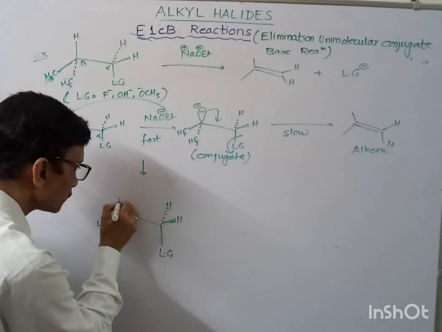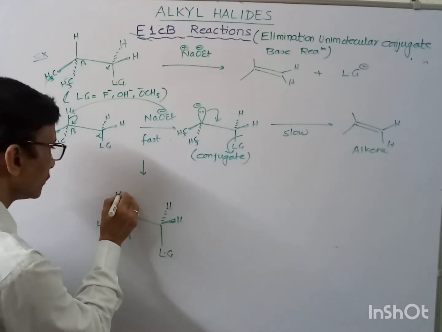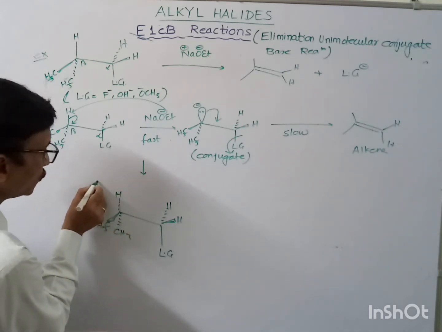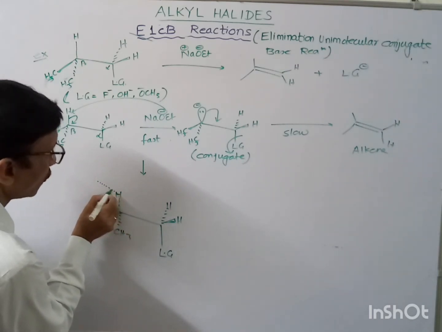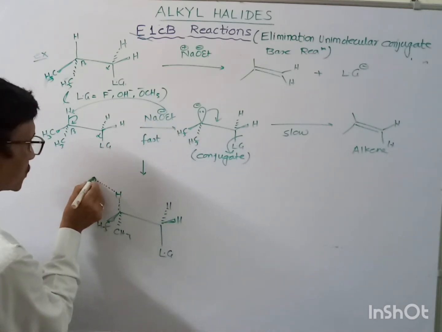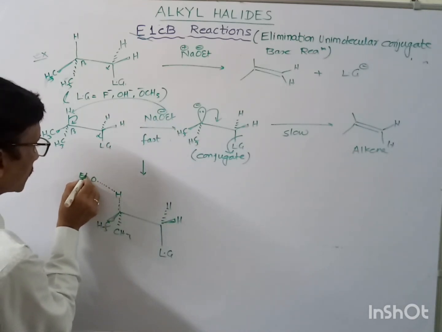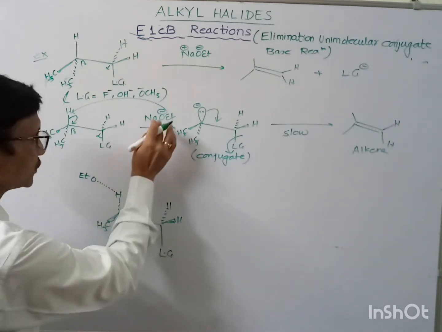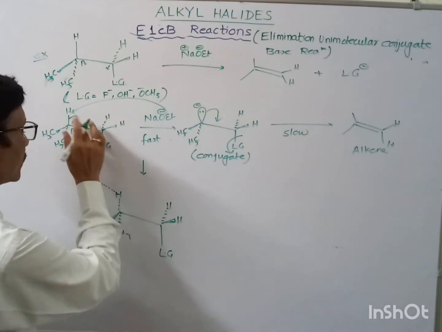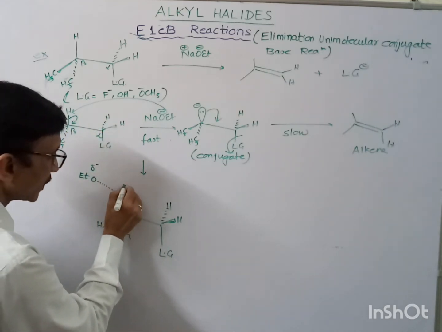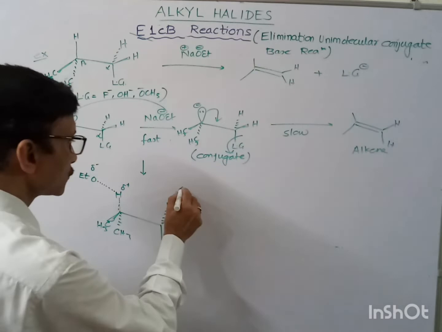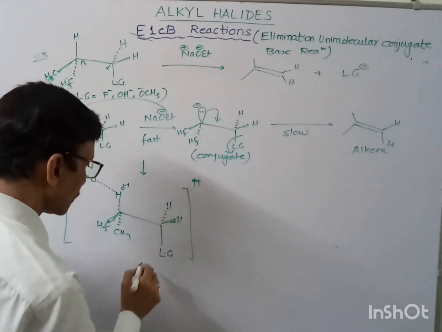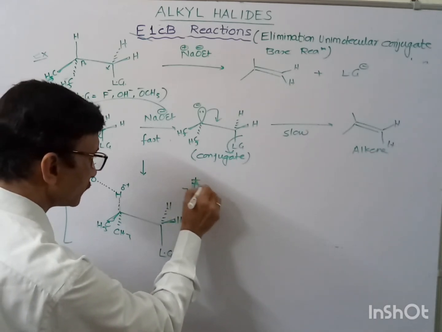So here the bond between this beta H will start breaking, and a new bond will start forming with this ethoxide ion. Okay, so this is our base. Here this will have the partial negative charge, whereas this hydrogen will have the partial positive charge. So this is one of the transition states that is formed.